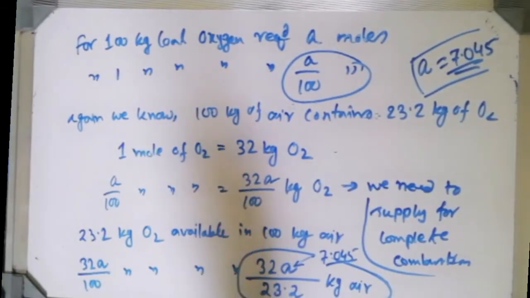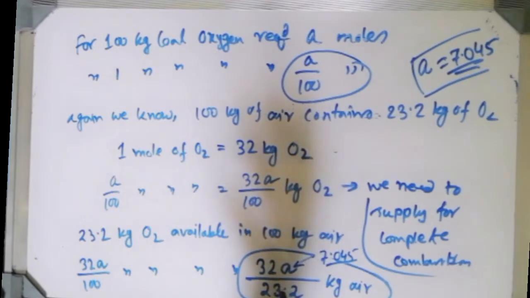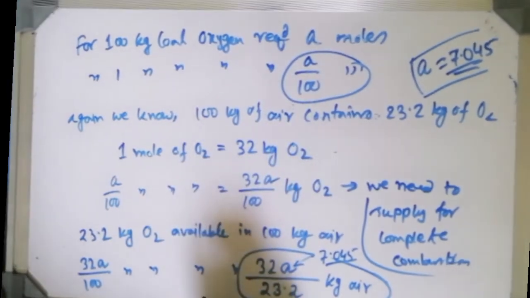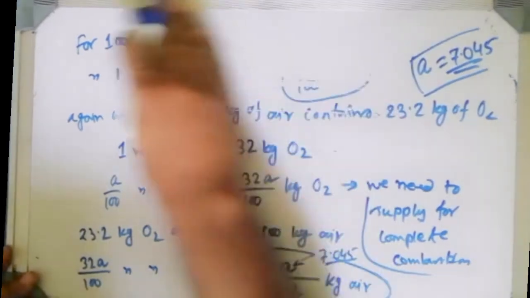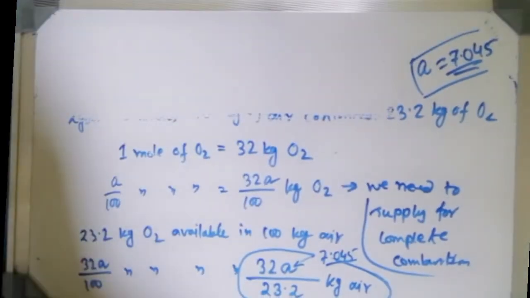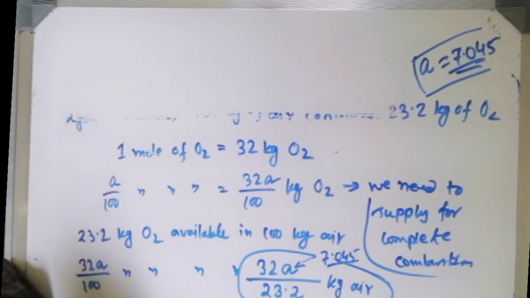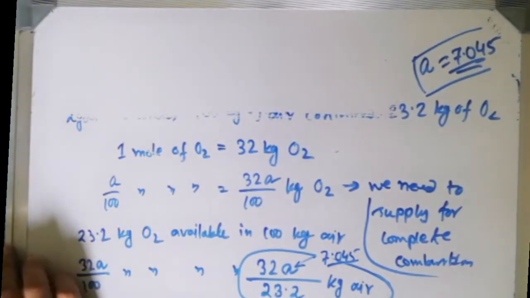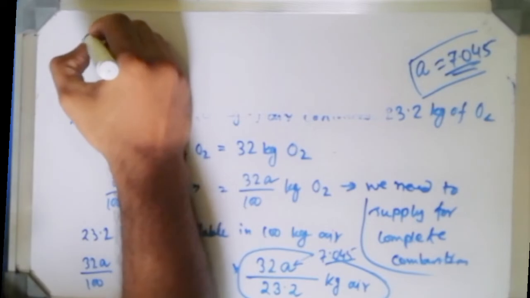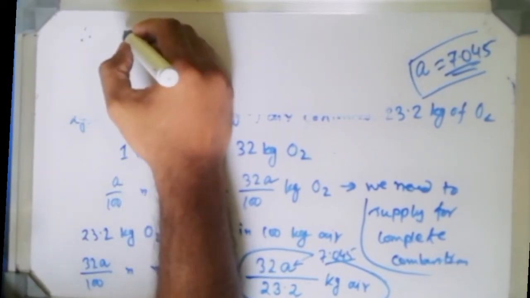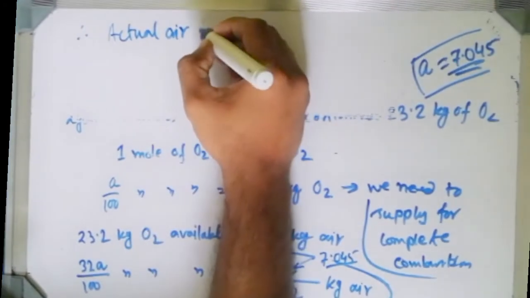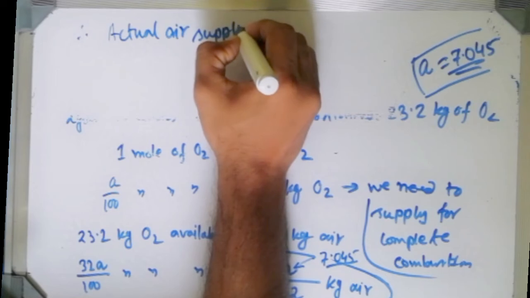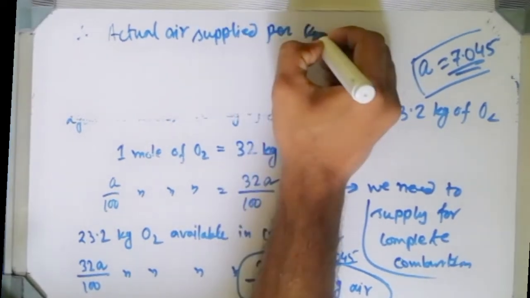So finally I can write the expression which we have to remember to solve the problem. Hence we can write down the equation that actual air supplied per kg of coal is nothing but 32A by 23.2 kg.